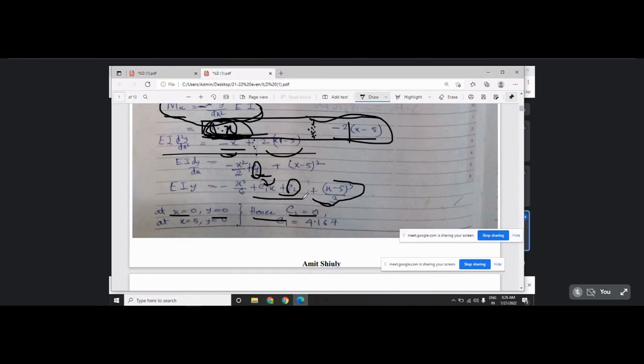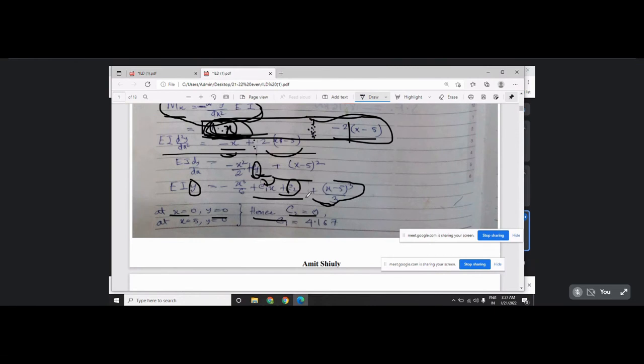Here if you put x is equal to 0, deflection is 0, so naturally C2 is 0. And if at x is equal to 5, y is 0, deflection is 0.